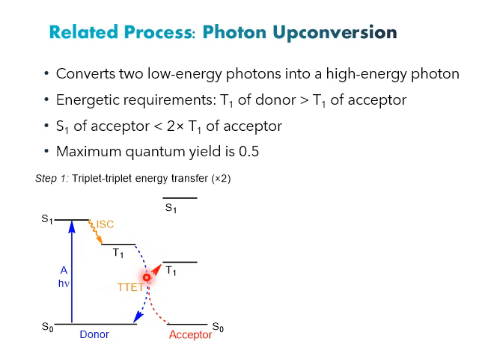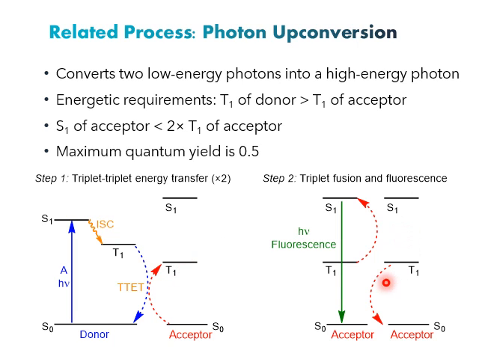And so this process has to occur twice in order for photon upconversion to occur. So this same process occurs 2 times. In order for this process to occur, the triplet state of your donor needs to be higher in energy than the triplet state of the acceptor so that the energy transfer is favorable. And then once this occurs 2 times, you generate 2 acceptor triplet states, and 2 of those triplet states come together and do what's called triplet fusion.